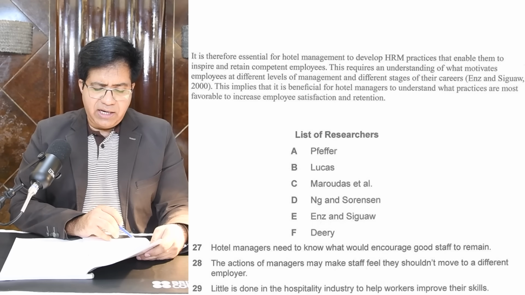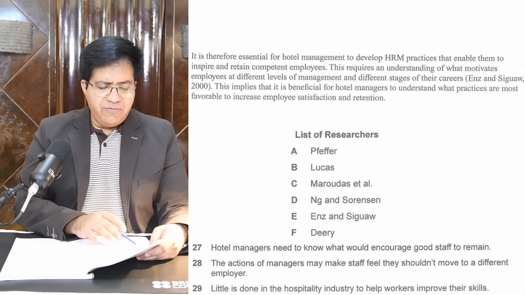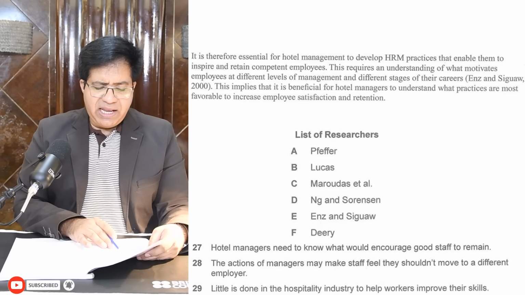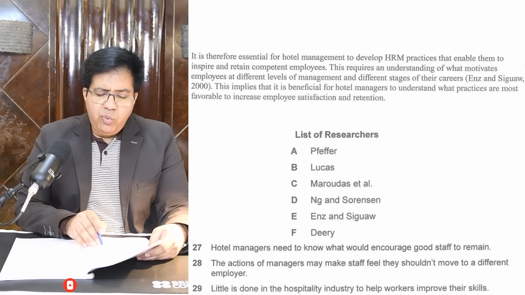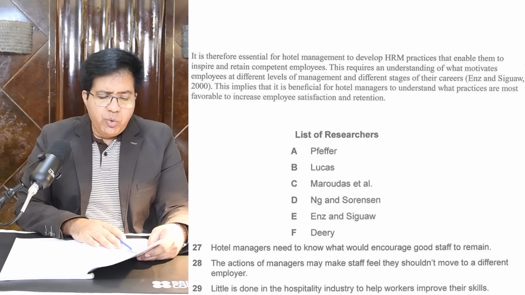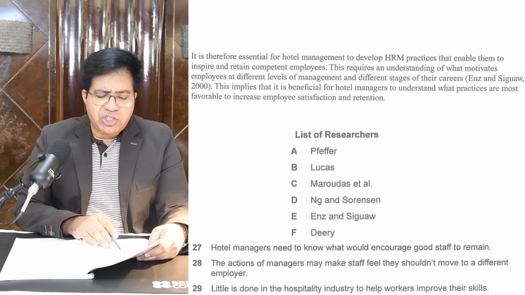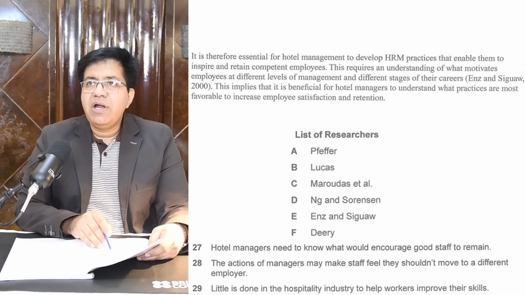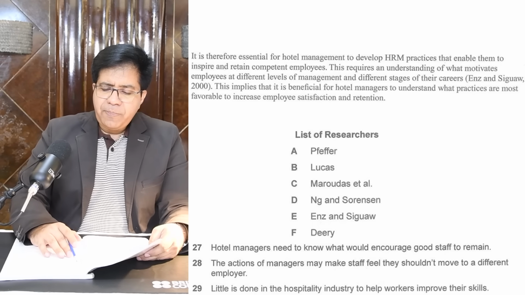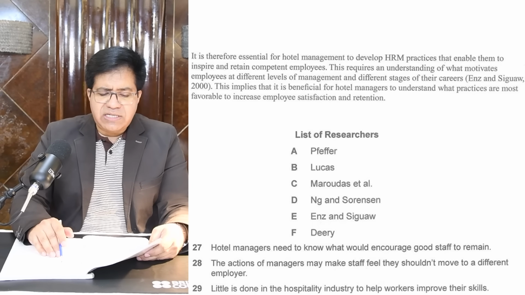This requires an understanding of what motivates employees at different levels of management and different stages of their careers. Ng and Sensen. This implies that it is beneficial for hotel managers to understand what practices are most favorable to increase employee satisfaction and retention. Retention means they stay with the same company. So, question number 27. Hotel managers need to know.